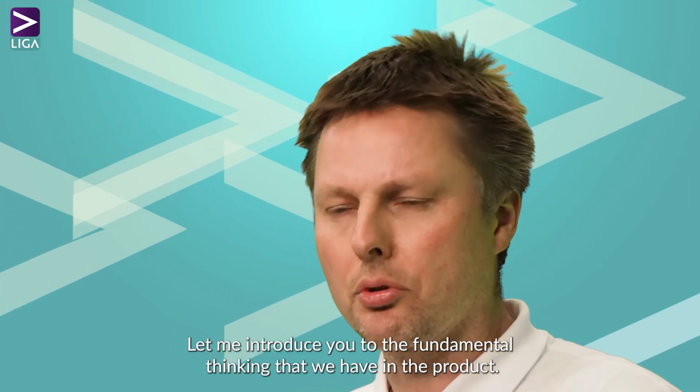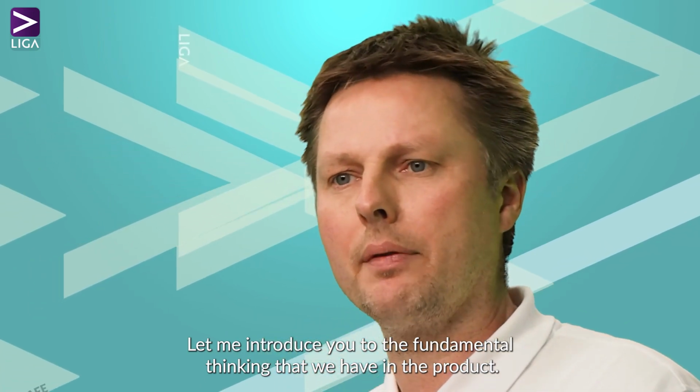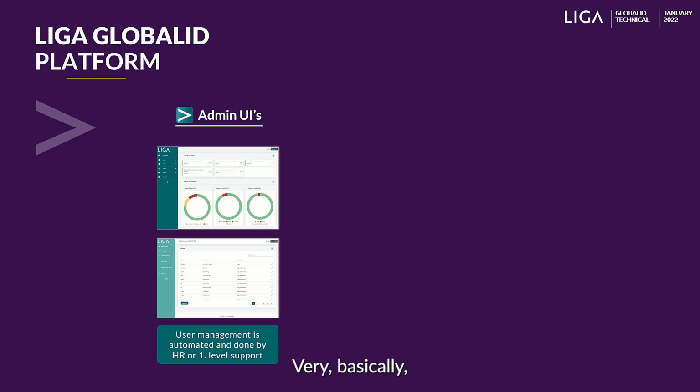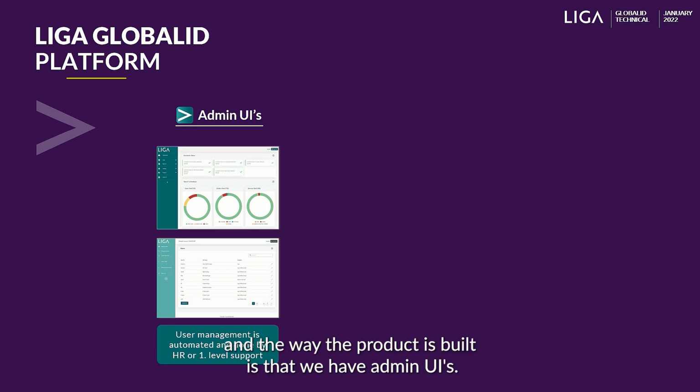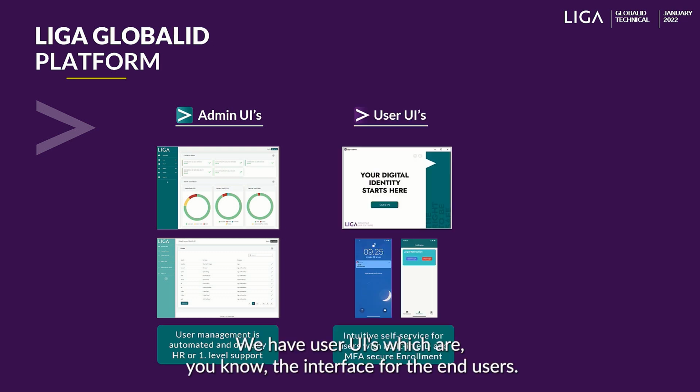Let me introduce you to the fundamental thinking that we have in the product. Very basically, the way the product is built is that we have admin UIs. I will come back to the details on the admin UI. We have user UIs, which are the interface for the end users.